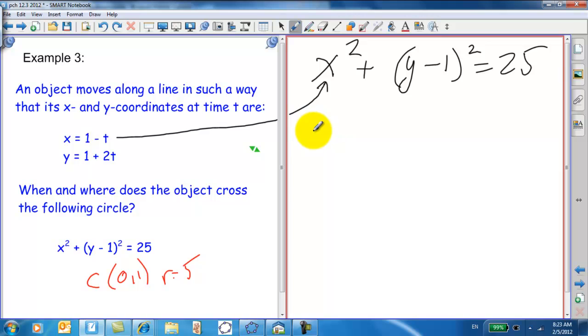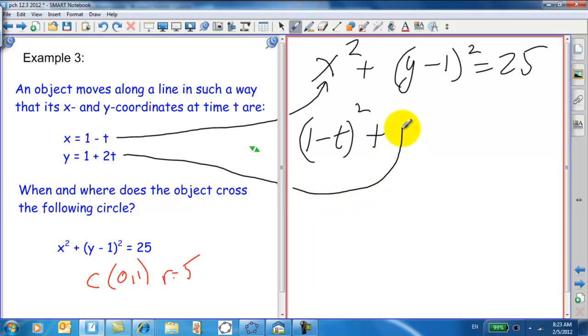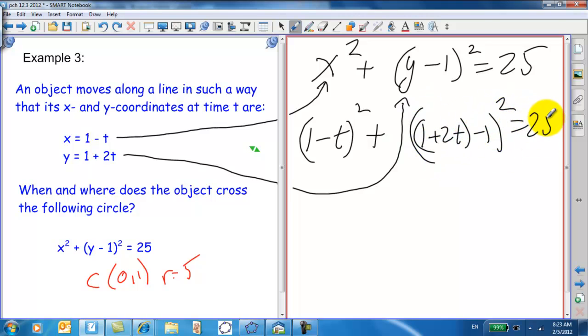So I get (1 minus t) quantity squared plus, and I take the 1 plus 2t and put in for y here, (1 plus 2t minus 1), all that quantity squared equals 25. So that's 1 minus 2t plus t squared. Plus, notice the 1's cancel, and we'll just get 4t squared equals 25.